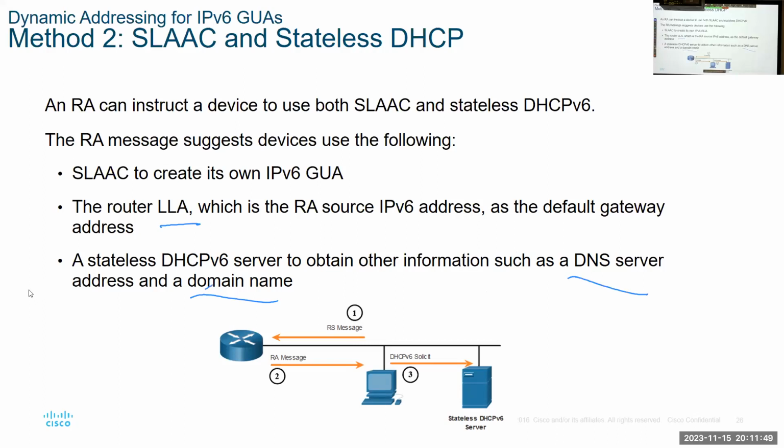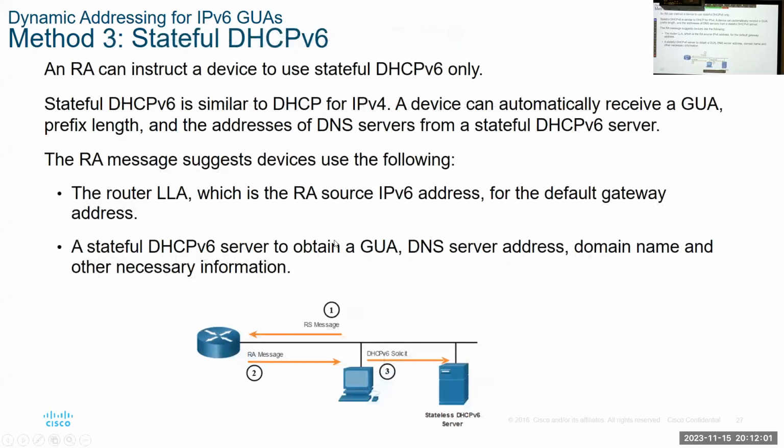Okay, so that's how most of them are going to work. It can also tell it to use stateful only. Stateful only says, I'm not going to give you any information except you will use my link local address as your default gateway.